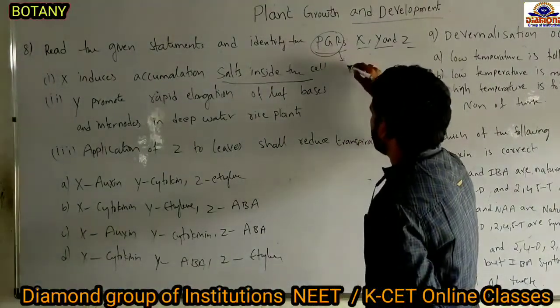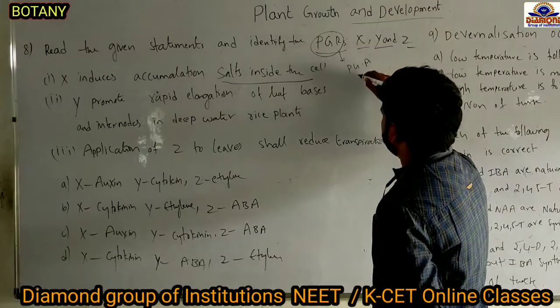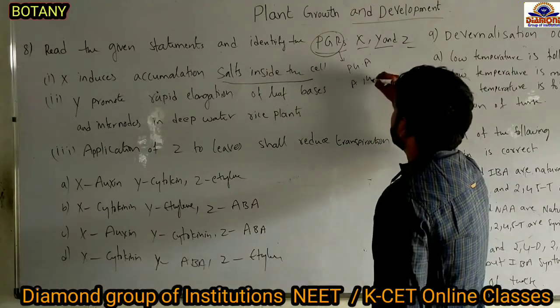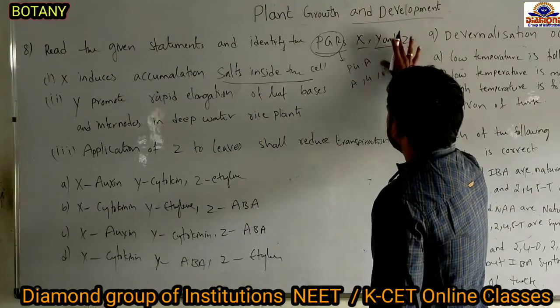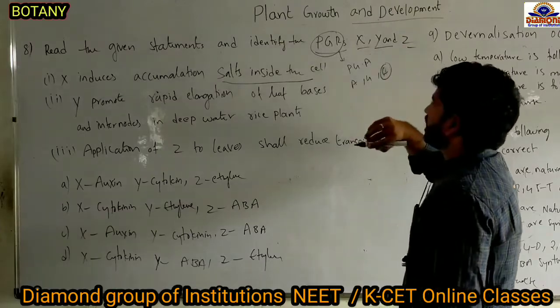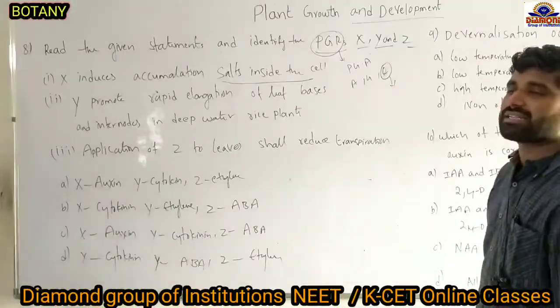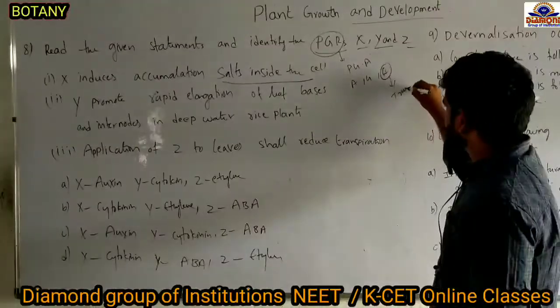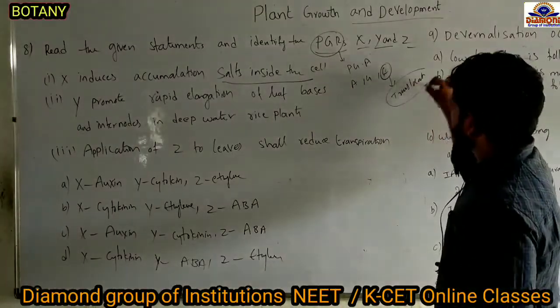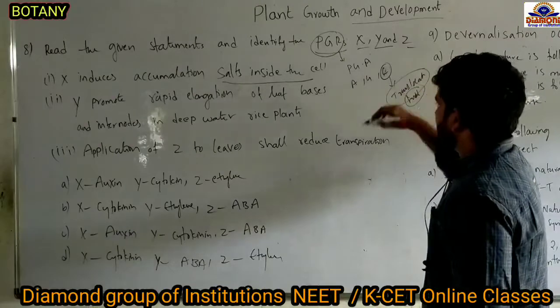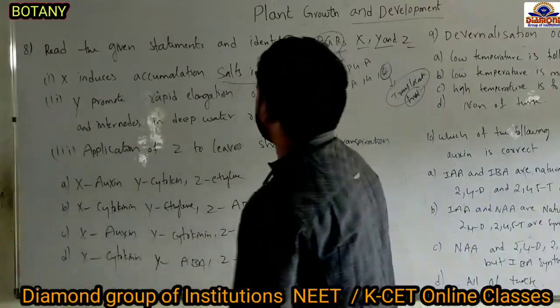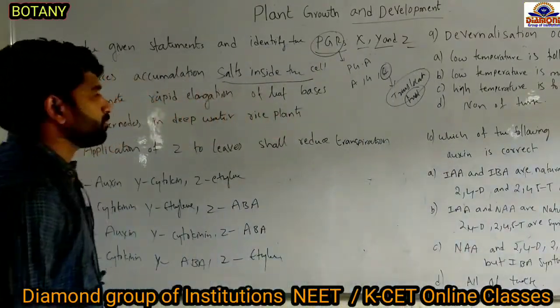Out of the five phytohormones, the plant growth activators are auxins, gibberellins, and cytokinin. Out of these three, cytokinin is involved in the translocation of food materials through the phloem.